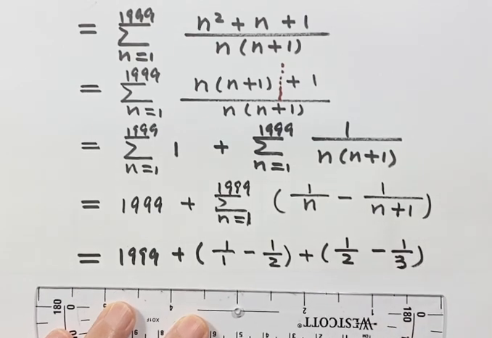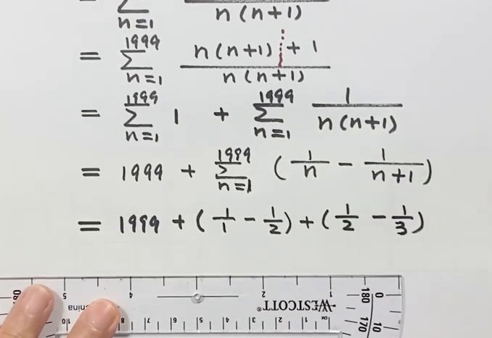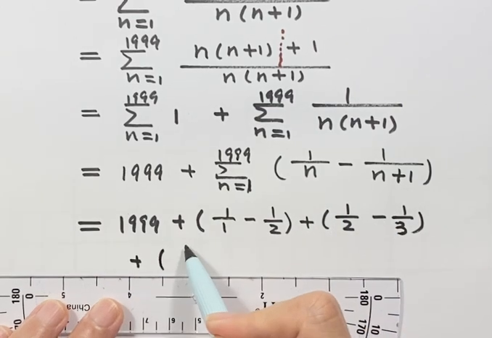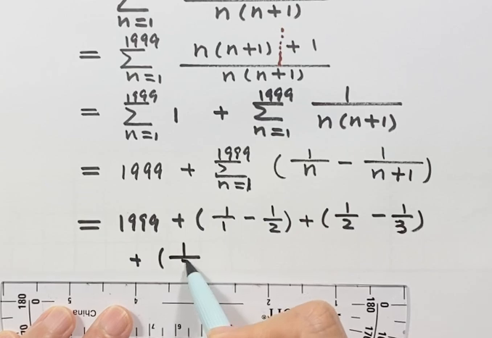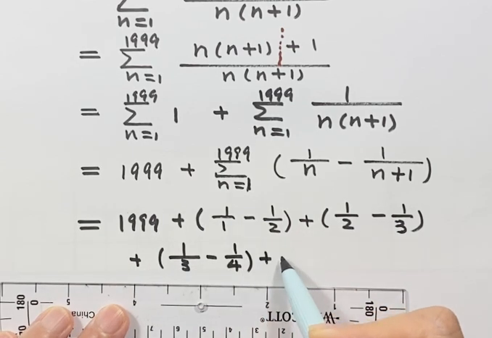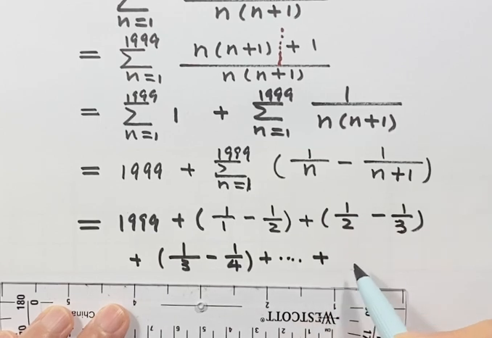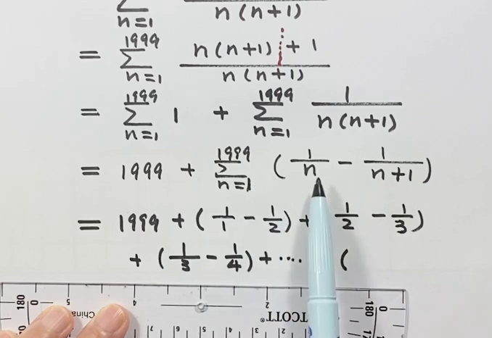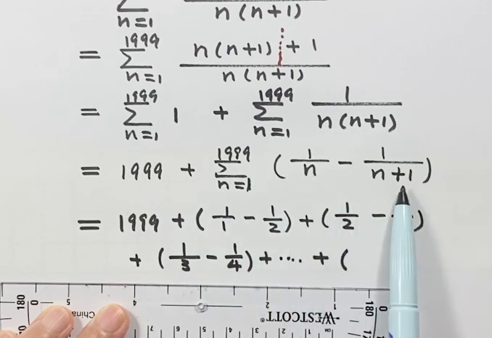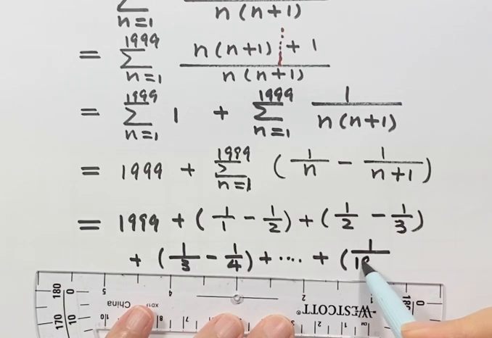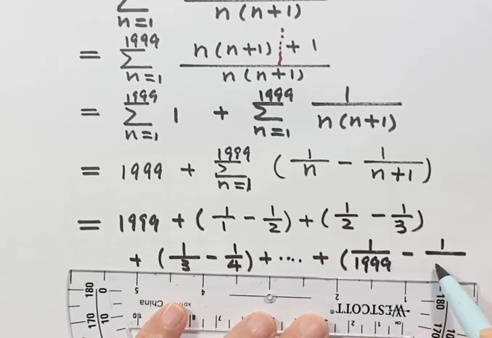When n equals 3, this is 3, this is 4, so we have 1 over 3 minus 1 over 4. Then keep going until the last term. The last term will be n equals 1999, so this one is 1999 and this one is 2000. So here we have 1 over 1999 minus 1 over 2000.